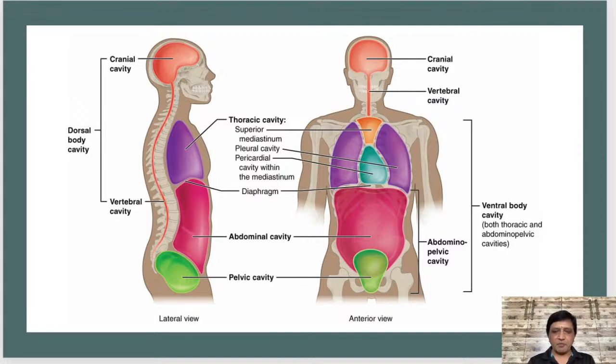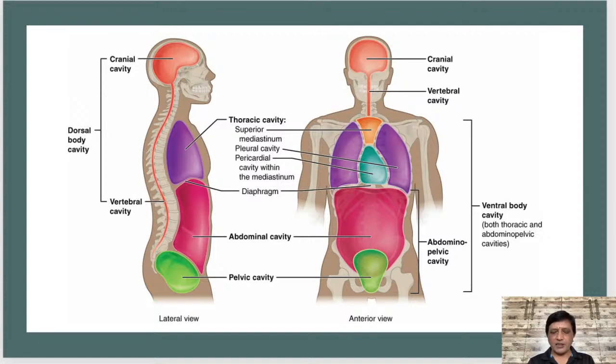Well, these three cavities play a significant role, and here you see the diaphragm, which is a major muscle of breathing that divides the chest cavity from the abdominal cavity, and way below there is the pelvic floor muscle, also referred to as the pelvic cavity.